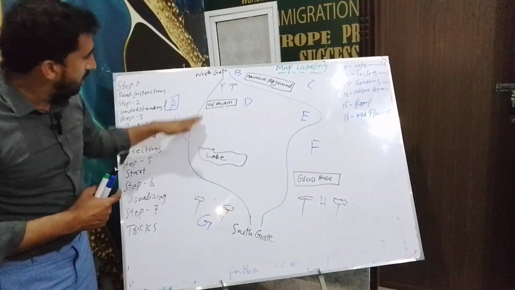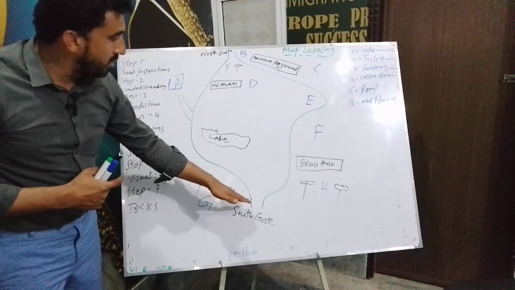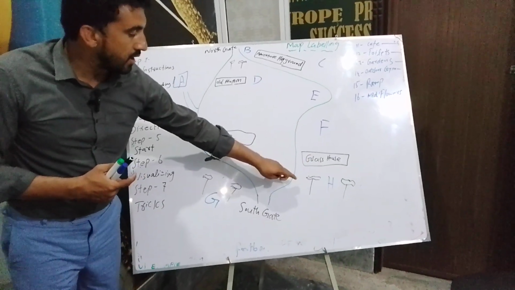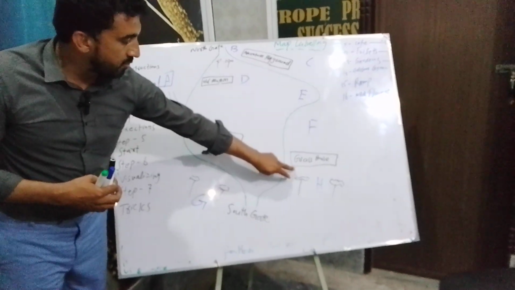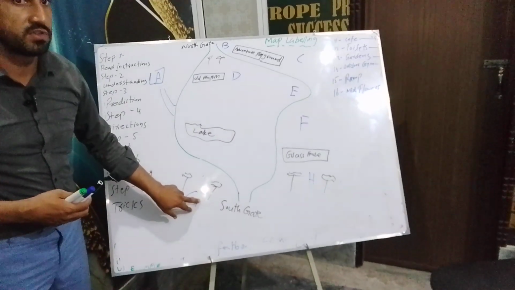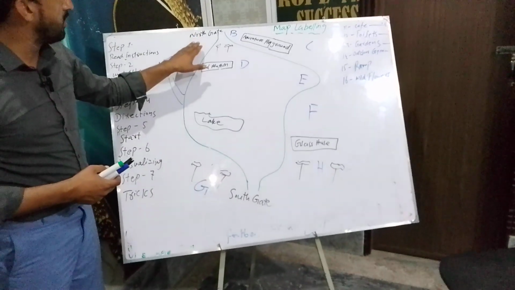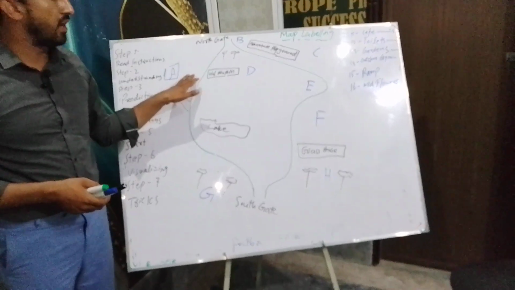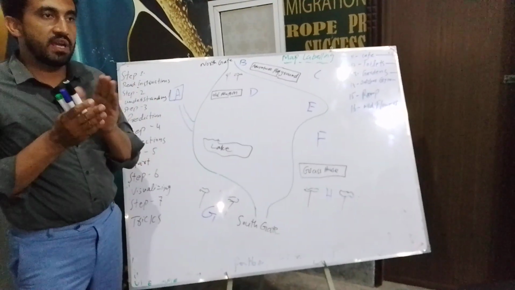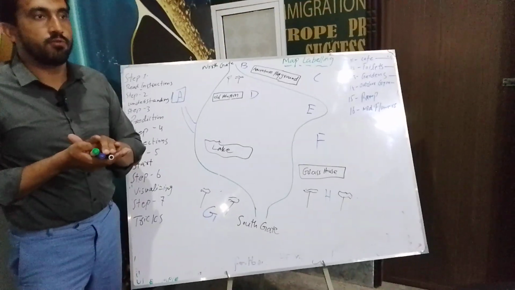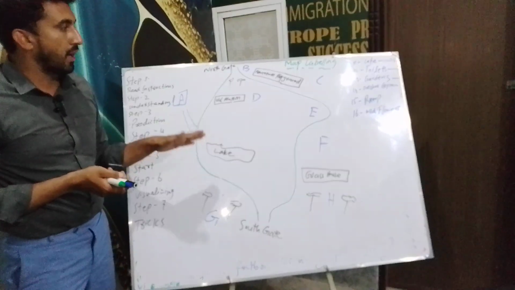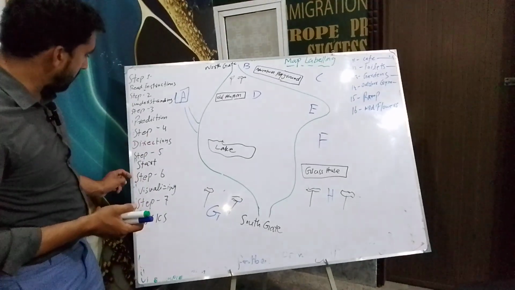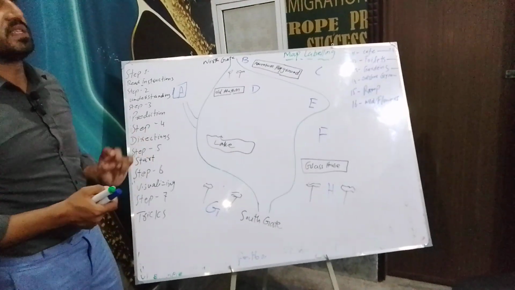And if he starts from here, the possibility is that either he will start from here or from here. Like he will tell about this building first or this building first, right? But if he starts from here, he might describe this first or this side at the start of the audio. So you must detect from where he is starting to describe the map. Understand?